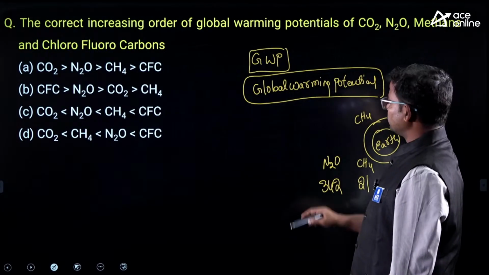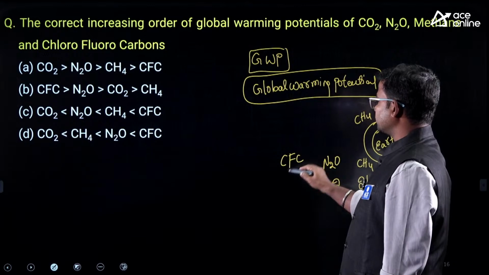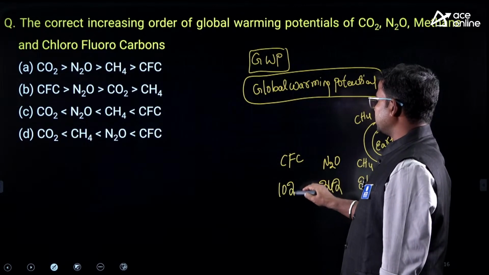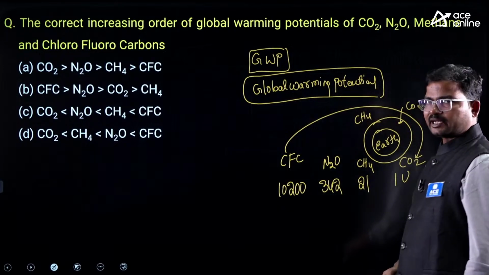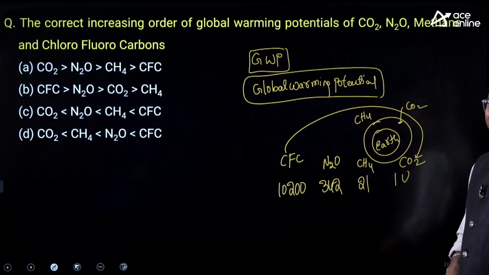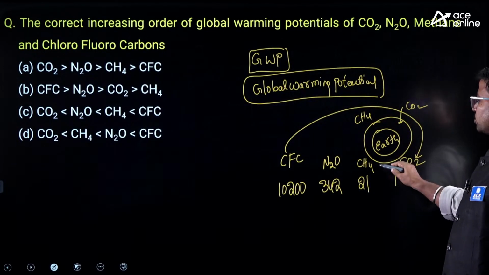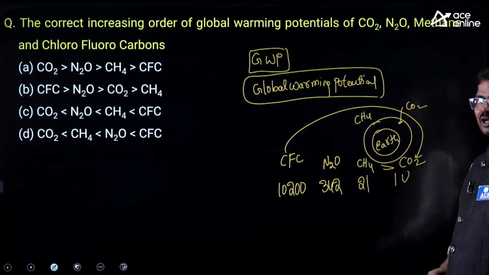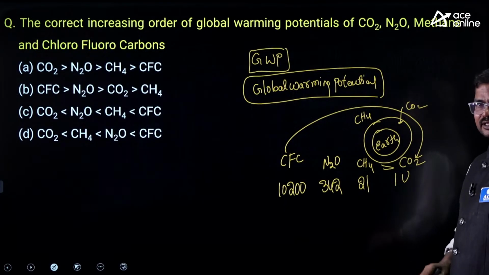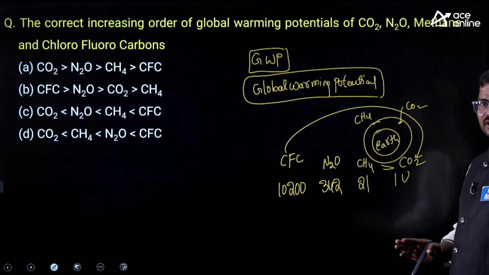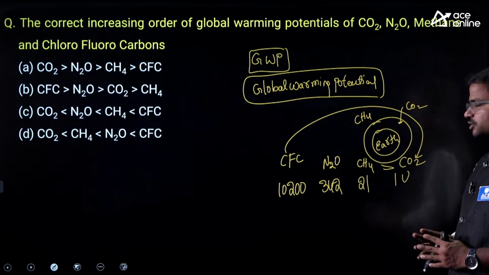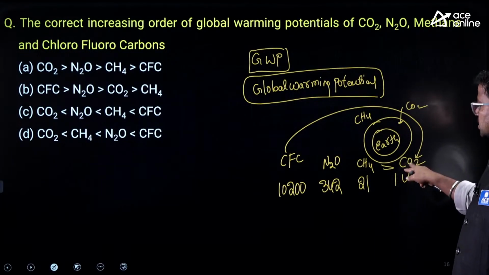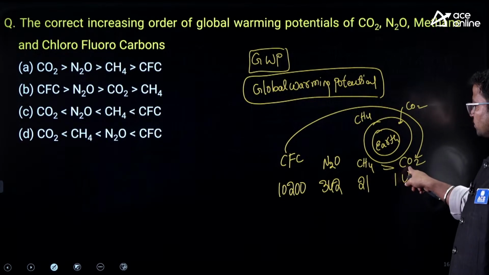Next one, chlorofluorocarbon, CFC, 10,200 times. Compared with carbon dioxide, it can raise this planet's temperature around 10,200 times. It means global warming potential values should always be compared with carbon dioxide, and that too over a duration of 100 years only. In 100 years, how many times can methane raise the temperature?